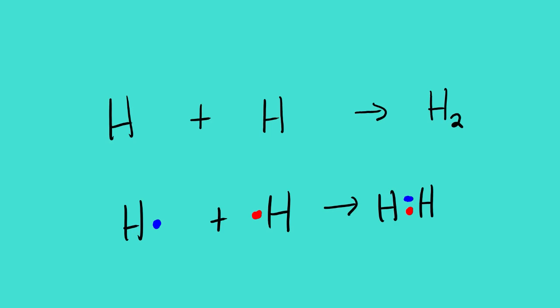Now counting the number of electrons for the first hydrogen, we are going to have 1, 2. So you can see that it has reached its octet state, and then counting for the second one, we are going to have 1, 2. So both of them have reached the octet state.